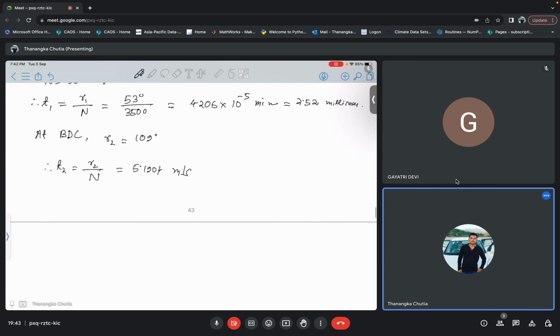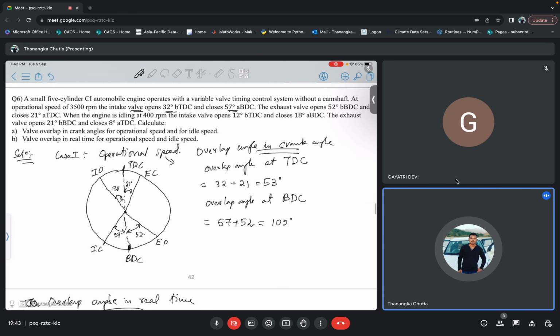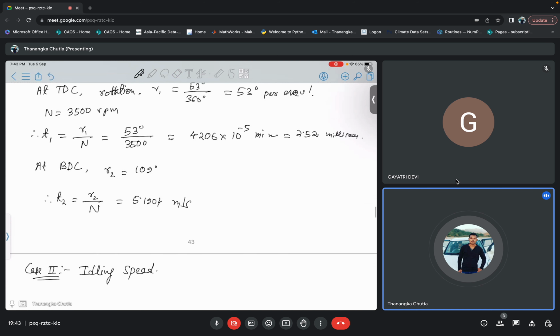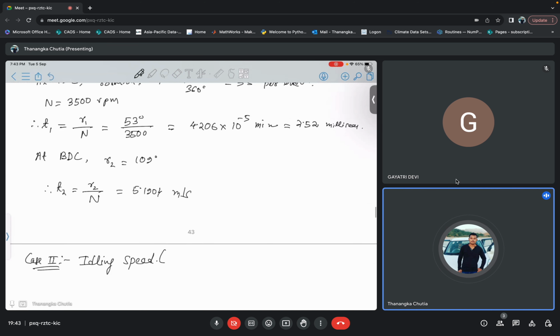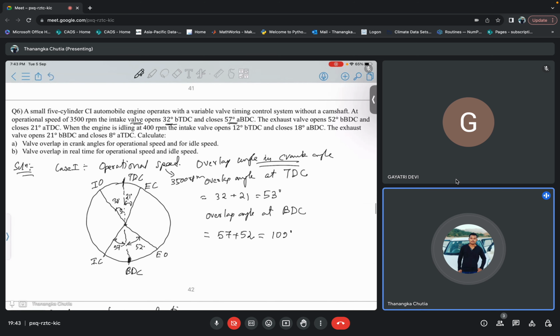Next is our case 2, that is your idling speed. The operational speed was given to us as 3500 rpm, and now our idling speed is given as 400 rpm.